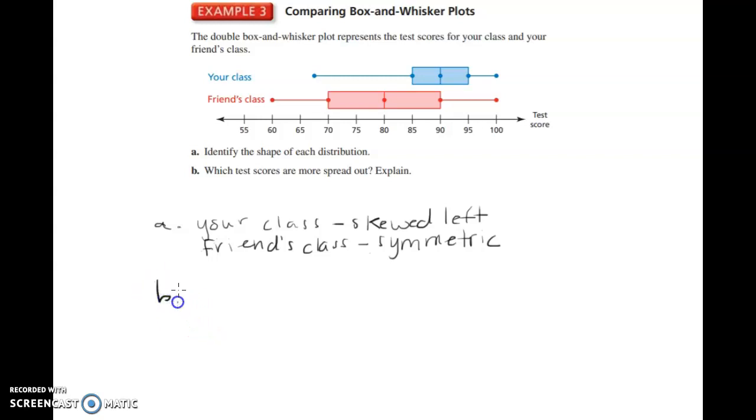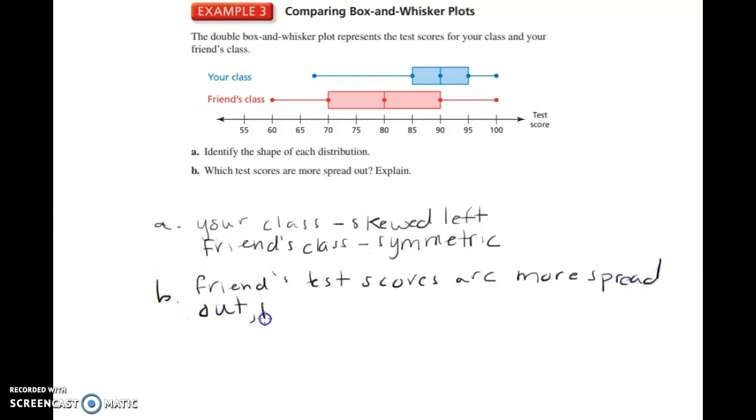So B, your friend's test scores are more spread out because the range is greater.